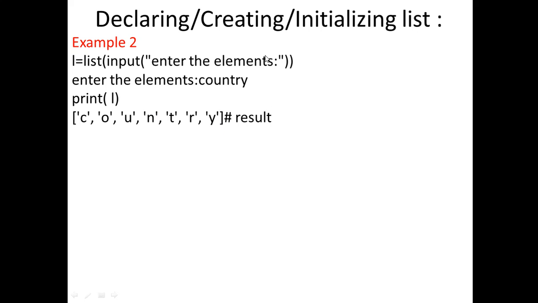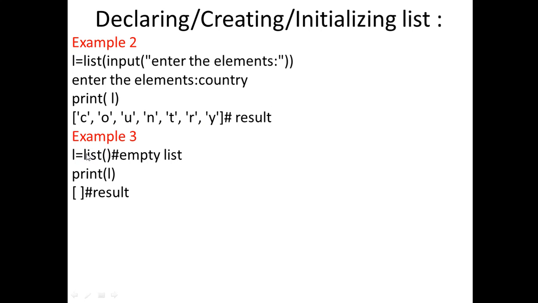So one string you have entered, and that string is now given as output as separated characters. The individual characters are separated with the help of commas. This is the second example of the list.